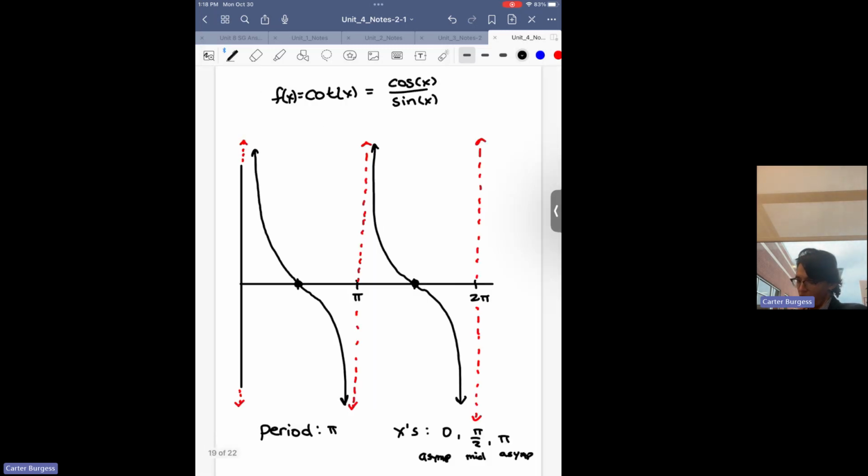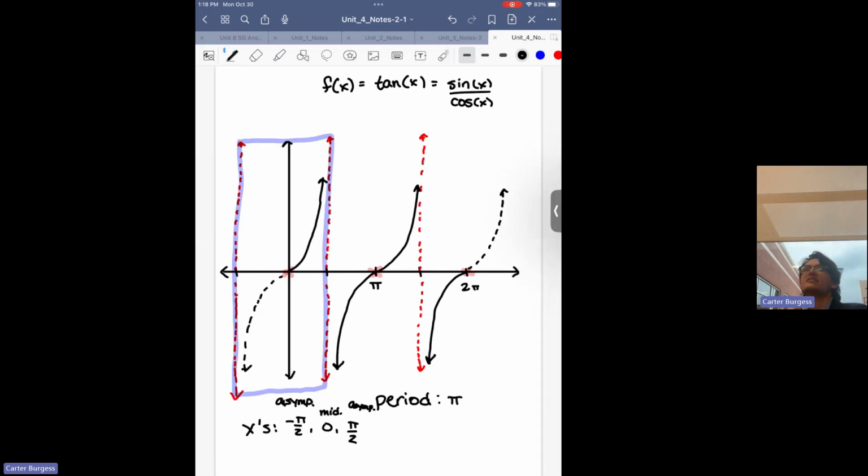Why did we pick those three? Yeah, it gives us a clean, unbroken snapshot of what's going on. In particular, it takes us from asymptote to asymptote. Negative pi over 2 was one asymptote, pi over 2 is another, and 0 falls between them. We want to go consecutive asymptote to asymptote.